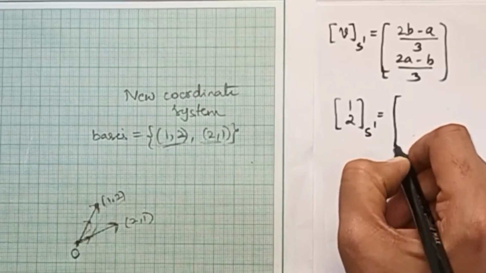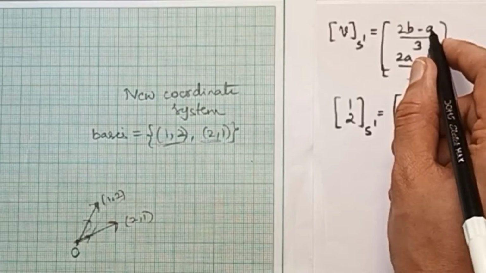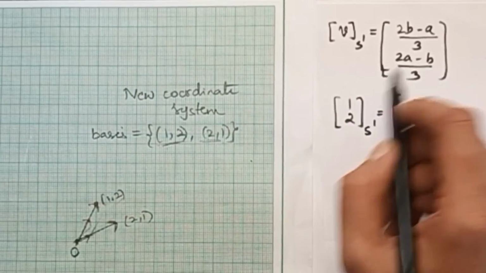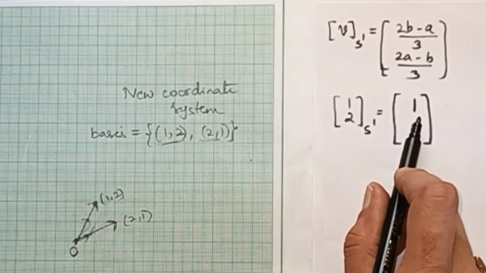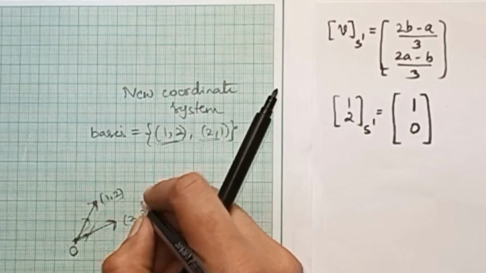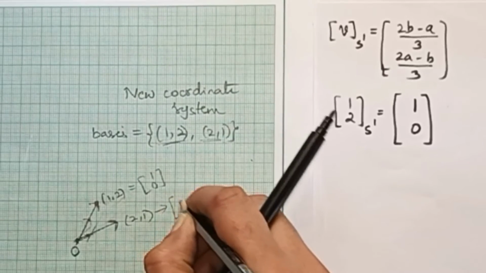Put a equal to 1 and b equal to 2 here: 2 times 2 is 4, minus 1, 4 minus 1 is 3, by 3 is 1. Then 2 minus 2 is 0. So (1, 0). Look here, (1, 0) is usually our standard basis vector. The same vector is called (1, 0) in this language. Similarly, this becomes (0, 1).